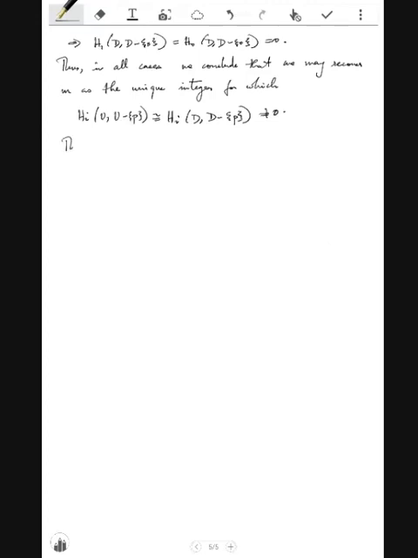Thus, m is equal to n. So this proves the overall claim.